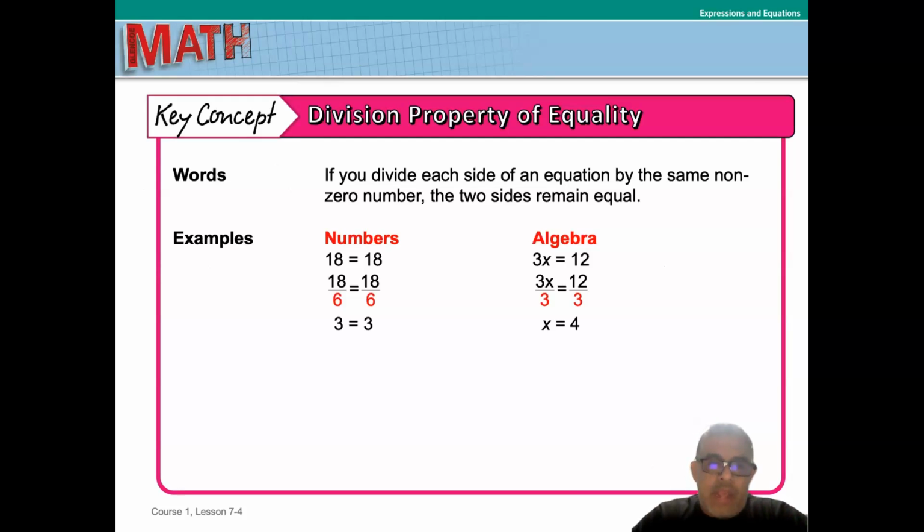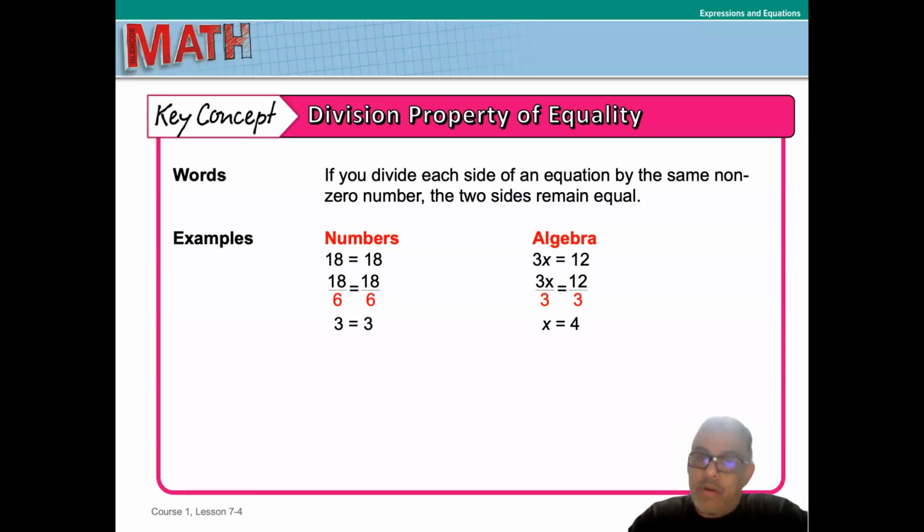So here we have the division property of equality. Please read it to yourself. I'll read it for you as well. If you divide each side of the equation by the same non-zero number, the two sides remain equal. Bing, bing, bing, the word equal. Look at it numerically. Both of these expressions are 18.